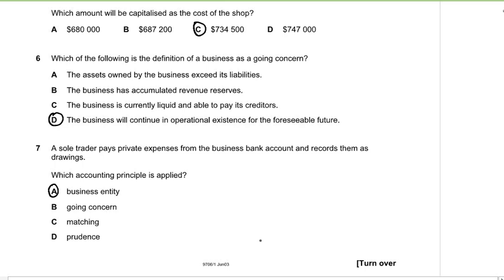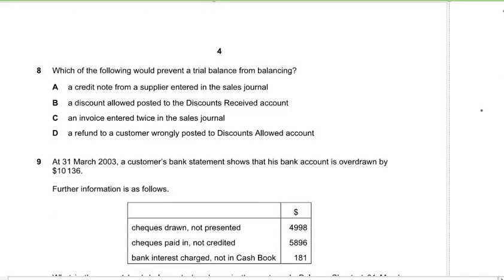And prudence concept states that our profits should not be accounted for until they are realized and losses should be accounted for as soon as they are anticipated. So the answer that we are looking for is the business entity concept. Then let's look at question number 8.